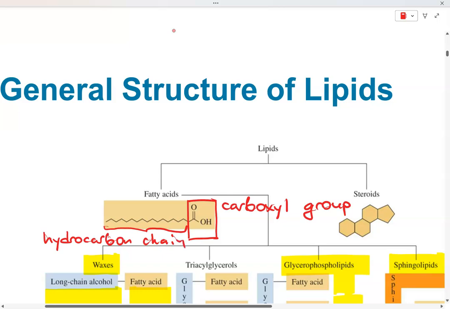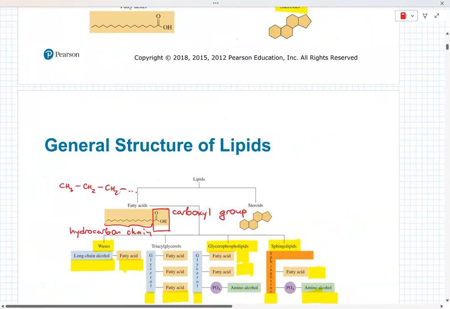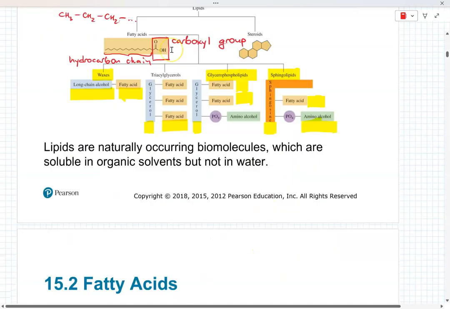So far, am I making sense? Hydrocarbons, like this, are very nonpolar molecules. Does that make sense? Which makes fatty acids nonpolar, and insoluble in water. Okay?